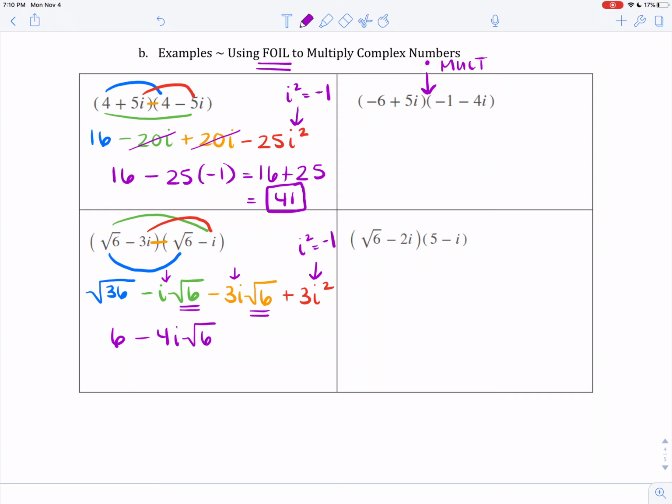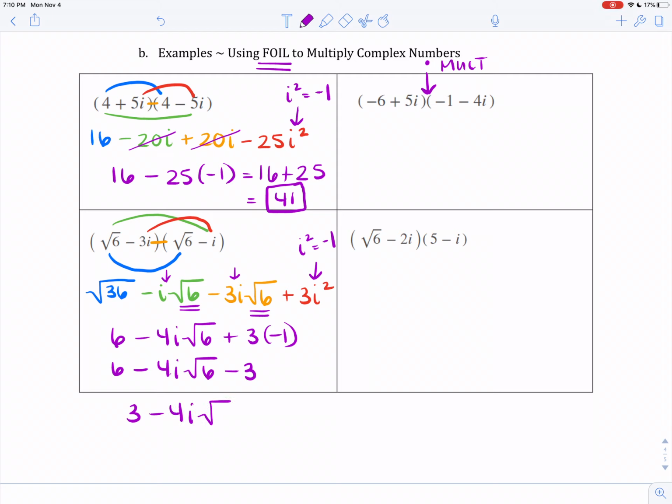Keep that square root of 6. And then down here on the end, we're going to have 3 and replace the i squared with negative 1. So finally, this will become 6 minus 4i times the square root of 6. And then, of course, 3 times negative 1 is going to be negative 3. Then I can combine those real numbers. 6 minus 3 is 3.